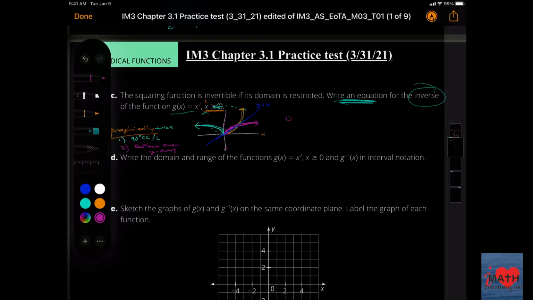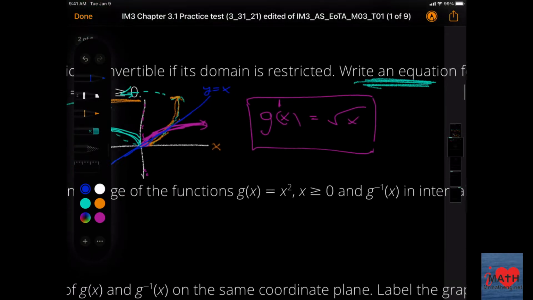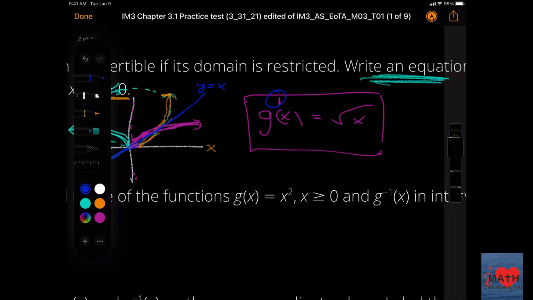Sometimes you can say the inverse with this notation, the little -1 there. The inverse of x is, what is that pink one? It is the square root of x. You could have used a different function name, but putting that little -1 up there implies the inverse. Okay.